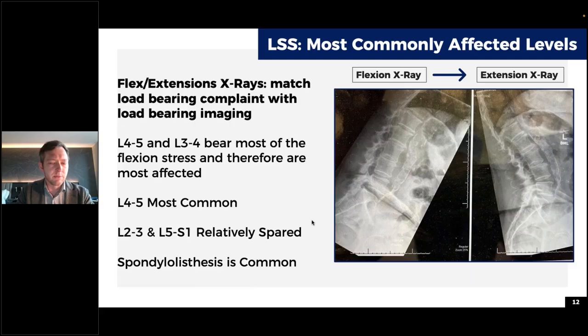Of course, the most basic imaging study that we tend to see is the lumbar spine radiograph. As a radiology resident, I found these studies to be quite useless, honestly, compared to the information you can get from MRI or CT.